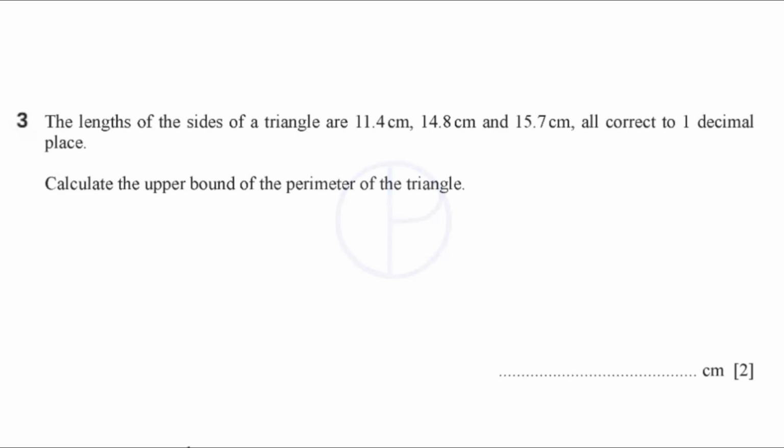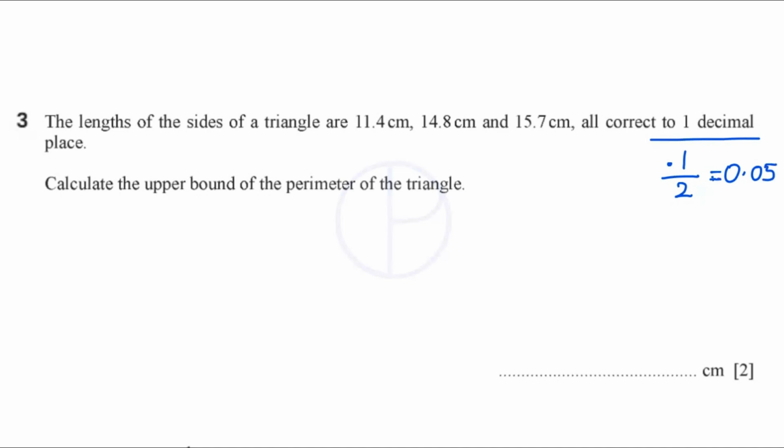To get the upper bound of the perimeter, you need to add the upper bound values of each and every side of the triangle. This is corrected to one decimal place, that is 0.1. Divide by 2 is 0.05.